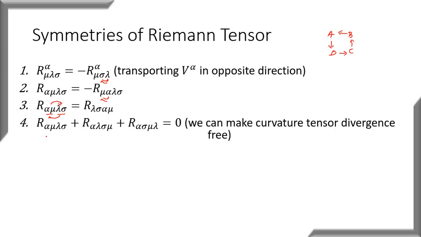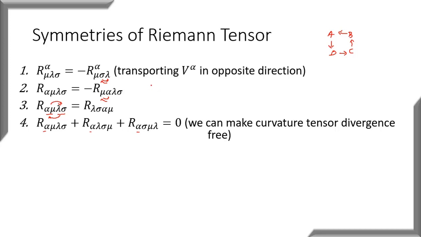And also I have another quantity such that when I keep alpha constant and mu lambda sigma is moved in a cyclic manner, such as mu lambda sigma, lambda sigma mu and sigma mu lambda, I will get 0. These three come from the symmetries in our Christoffel symbols.